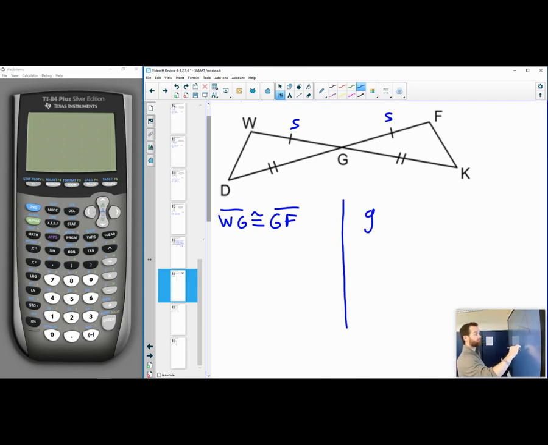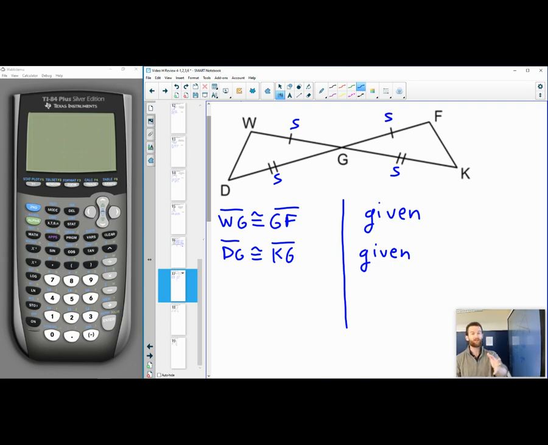And that's given. The markings were there just waiting for us. Any other markings? I see another pair of sides right here. Segment DG is congruent to segment KG, doesn't really make a difference. And again, that's given to us. And we're all out of given markings. So now it's up to us to find something that we're allowed to add in.